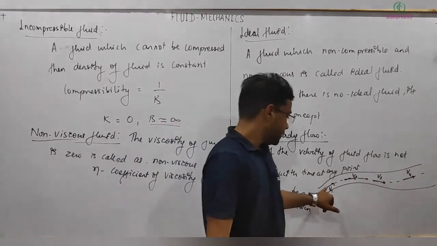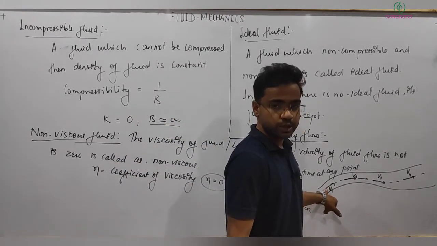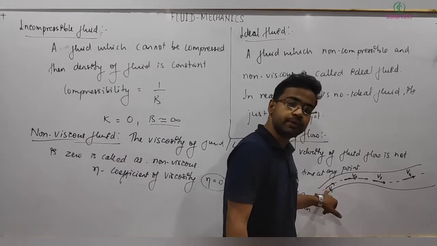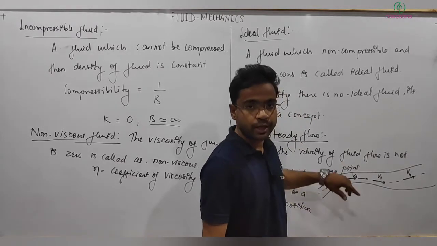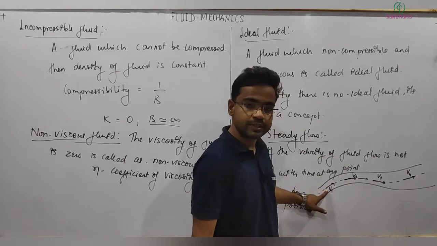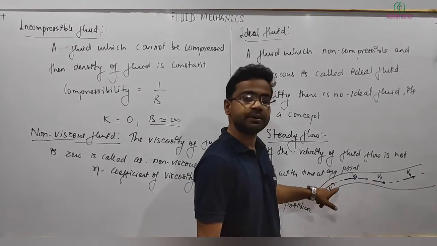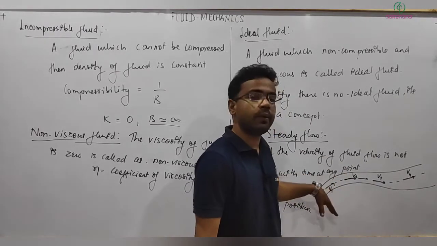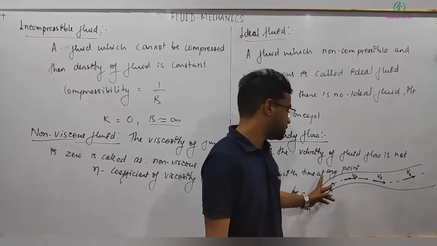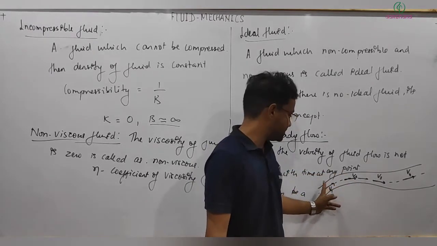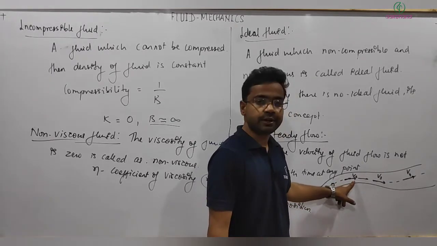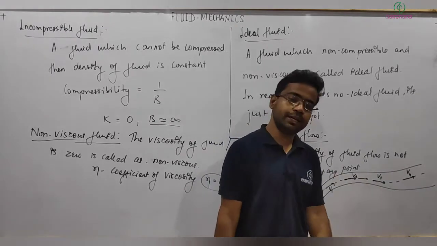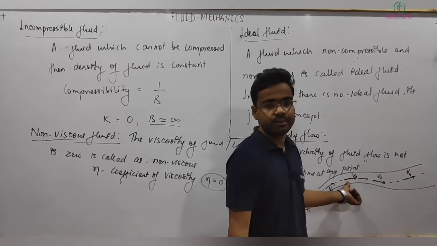Means if I just focus on this point, then the velocity of fluid flow at this point must not change with time. If right now its velocity at this point is v1, after 1 second, 1 minute, 20 minutes, 1 hour, the velocity must remain the same. That will be the steady flow. But it can change at a different point. If I change the point, the velocity can be different.